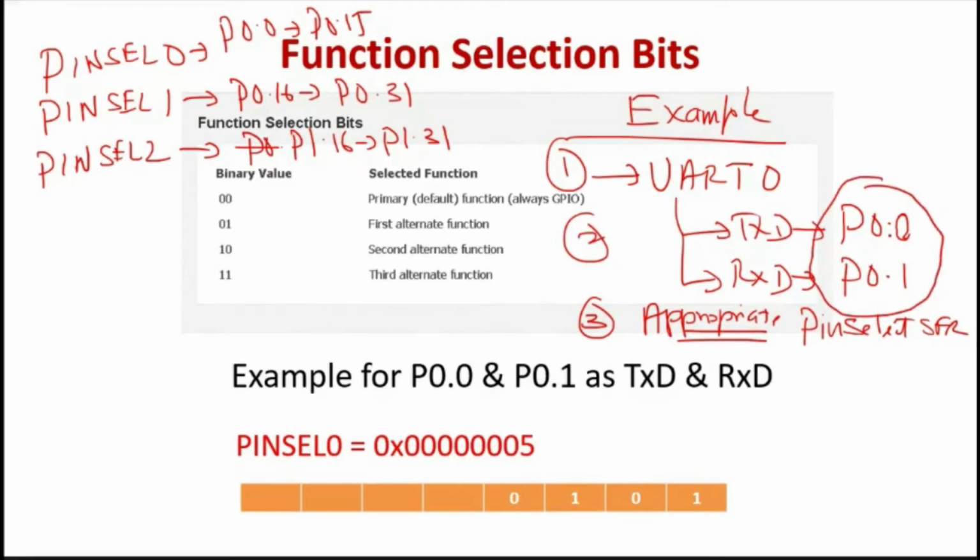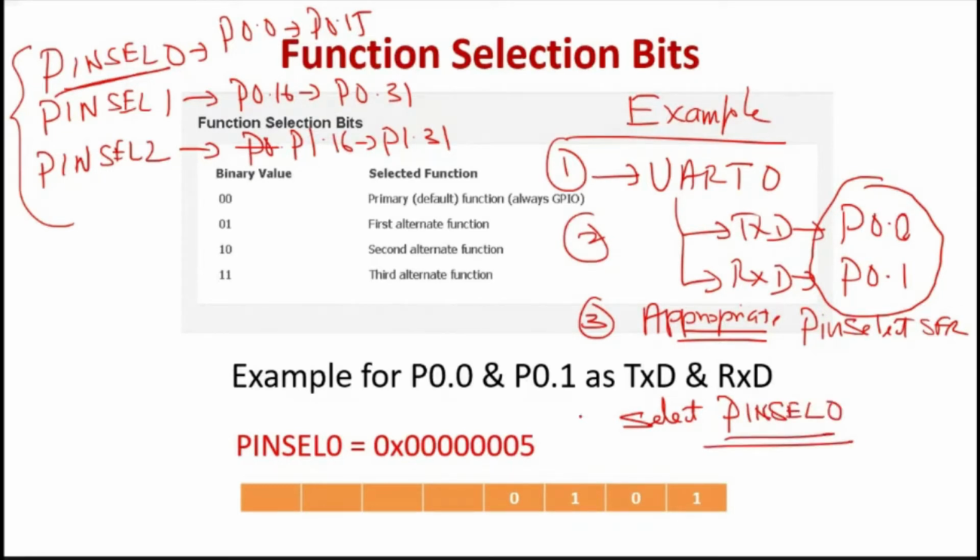Which of the 3 pin select SFRs do I need for setting the functionality of these 2 pins? Since we are dealing with port 0.0 and 0.1, they fall under the pin select 0 SFR. So I have to take pin select 0. That is the third thing. Fourth thing, select the appropriate bits.